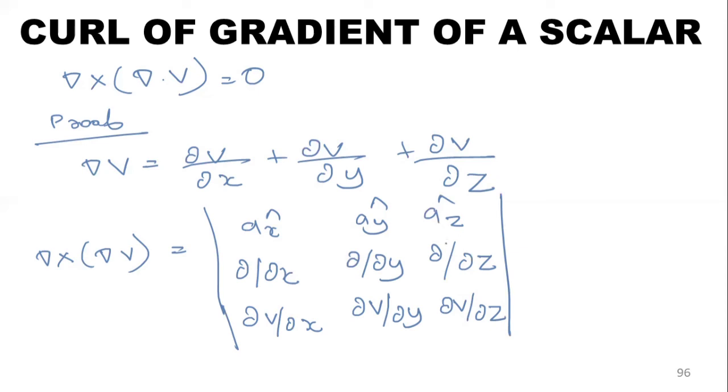Del cross del V, then in the same way we take each term and do the cross product. If you know how to take the cross product, this is easy.